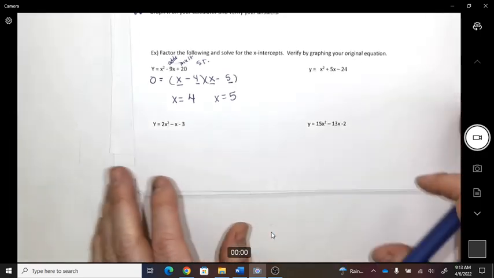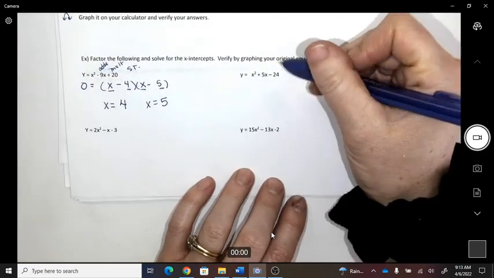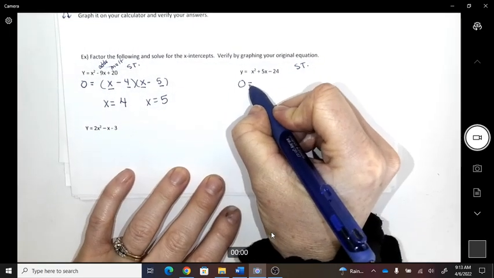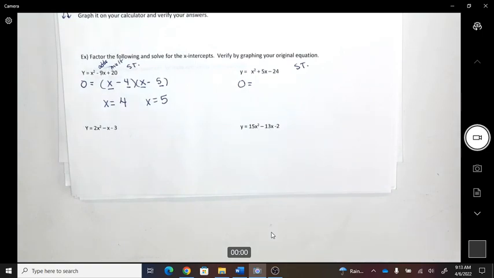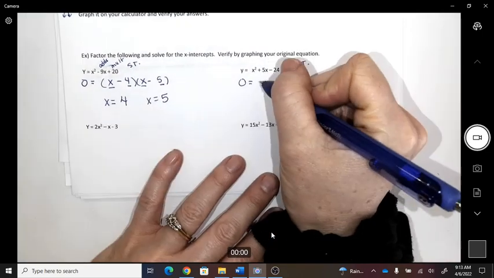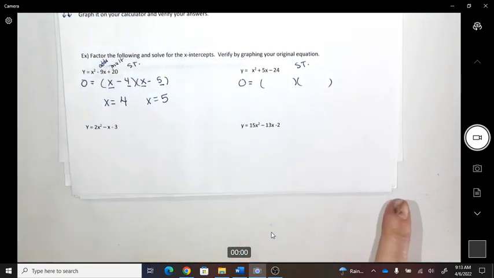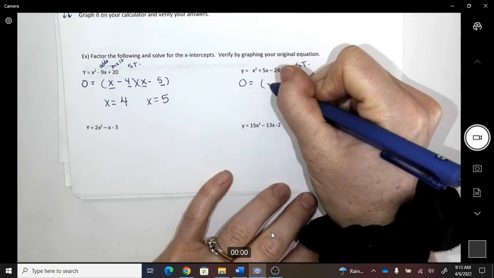Okay, number 2. It's a simple trinomial. Okay, I can see the 3 parts, and it starts with a 1x squared. So I'm going to create a 0 for y, and then my tactic is to do 2 brackets. So what times what makes x squared?